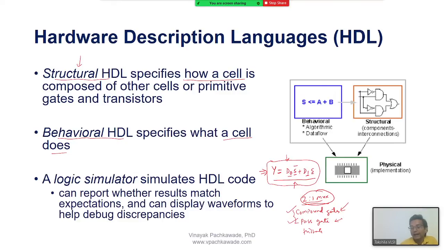Then as a designer, I am dictating to the tool to use the compound gate logic or pass gate logic to implement this cell. So you remember the difference between these two.